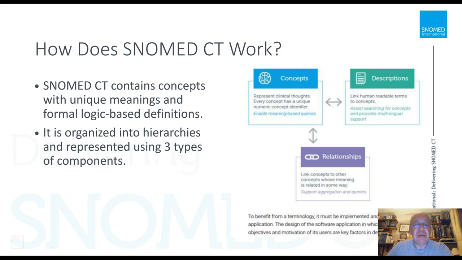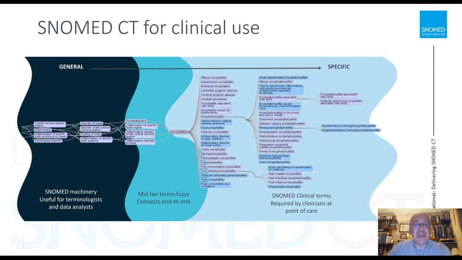There are three main components to SNOMED, which I'm sure you're all aware of. Those are concepts, descriptions, and relationships. The descriptions obviously give the human readable terms. The relationships provide the modeling. So when you talk about SNOMED in clinical use, you can view it in various levels of abstraction.